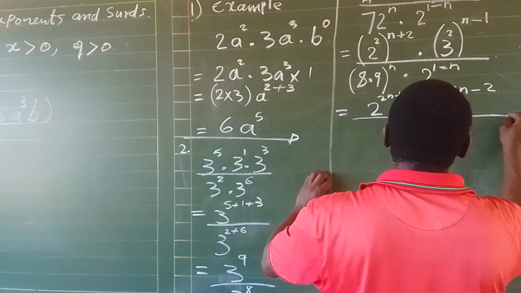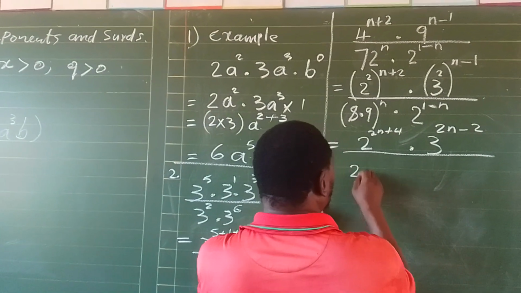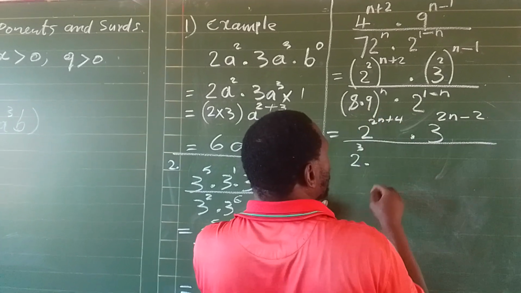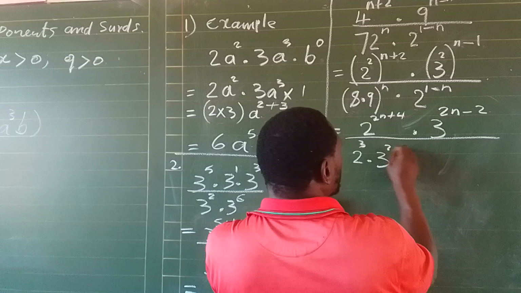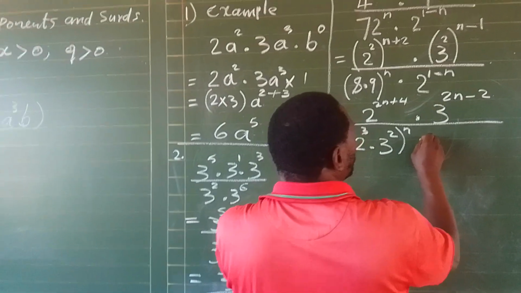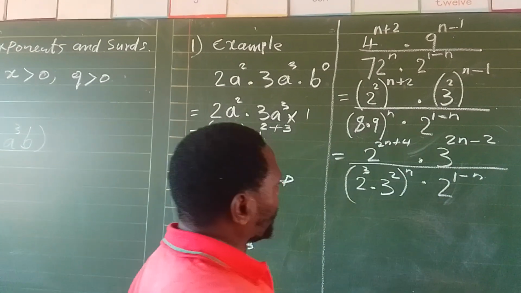We come into the denominator. You see, 8 is the same as 2 to the power of 3, multiplied by 9 which is 3 to the power of 2, all to the power of n multiplied by 2, 1 minus n.